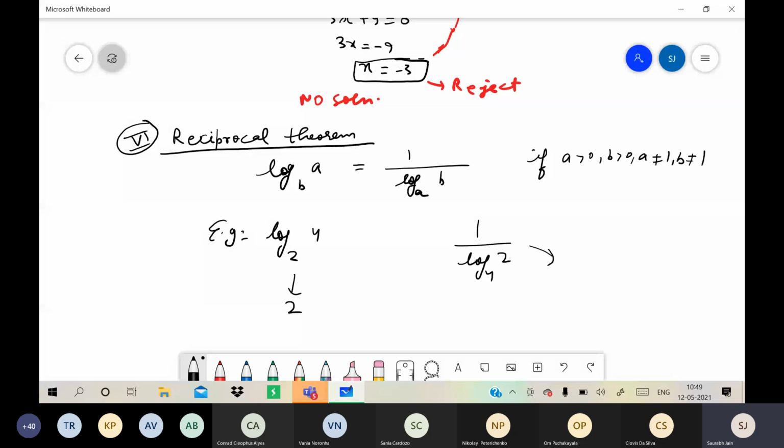Half. Yes, half. 2 is the square root of 4. So what do you get here? 1 upon half is 2. So you can say these two values are the same. This formula is correct. Reciprocal theorem.